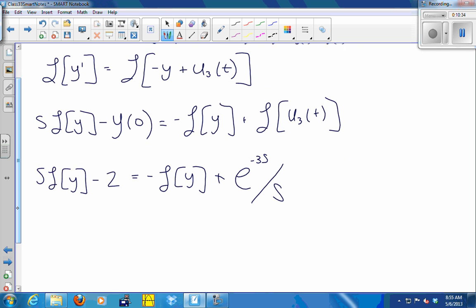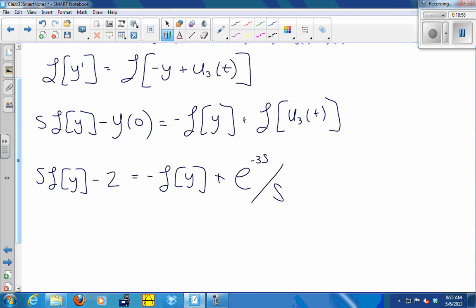Okay, so now I just have to solve for the Laplace transform of y. Gather them all on one side, factor out the Laplace transform of y, and divide by the coefficient. You could write it as 1 over s times e to the positive 3s, yeah.